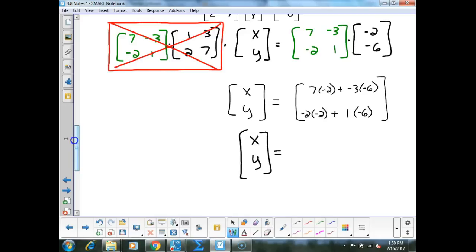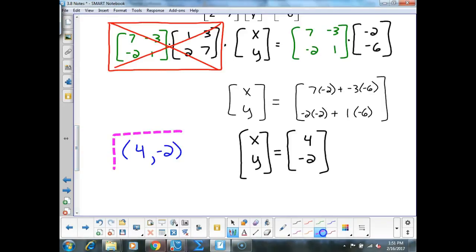Negative 14 plus 18 is 4. 4 minus 6 is negative 2. So this solution then would be 4, comma, negative 2.